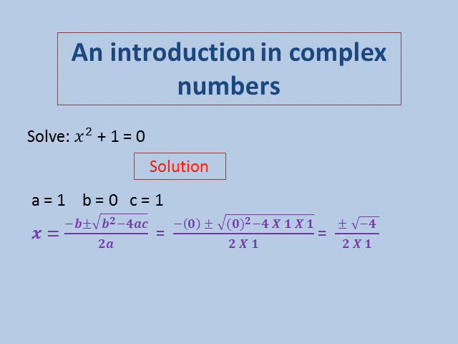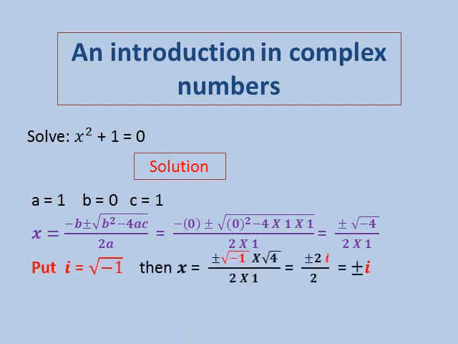Now, we will learn how to find the square root of negative numbers. We will put √(-1) = i. Then x will equal ±√(-1)·√4 / (2·1). √(-1) is i, and √4 is 2, so x will be ±2i / 2.